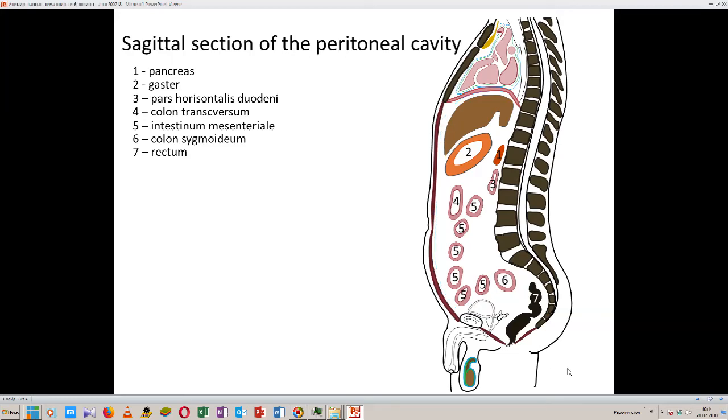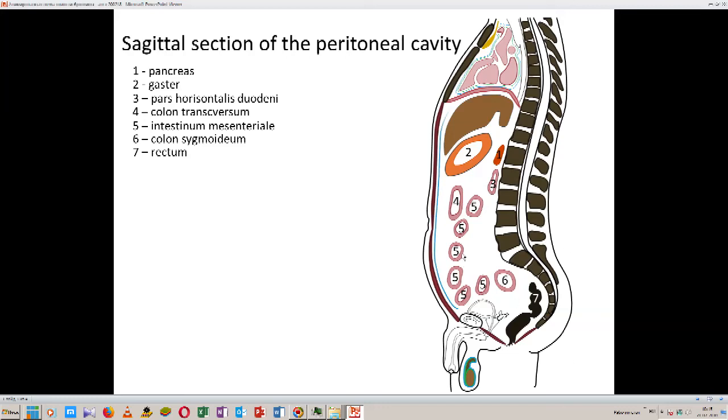Now you can see this blue line. This blue line is the parietal part of the peritoneum, of the serous sheet of the abdomen.